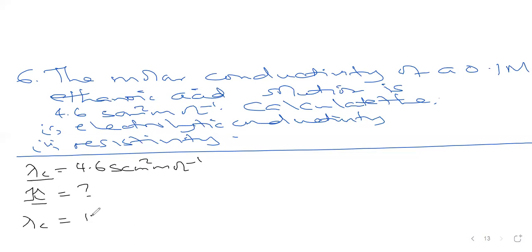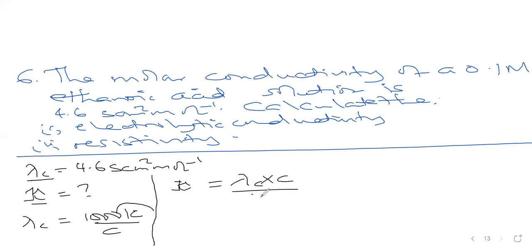Lambda C is 1,000 kappa over C. So we want the kappa now. What do we do? We make it the subject. So kappa will be lambda C times concentration over 1,000, which is 4.6.